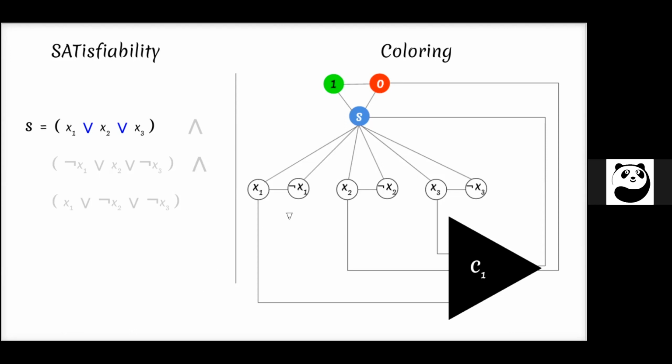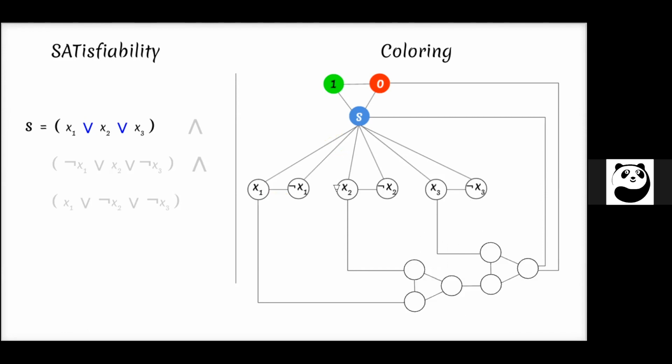In a valid coloring of this entire graph, these two, each one of them, must be different by virtue of this, but they also must be red and green by virtue of that. And then you build up an argument for the clauses. If you build up the truth table of X1, and I encourage you to do this later today, if you watch the recording or look at the slides, build up the truth table and try to plug it in this gadget.